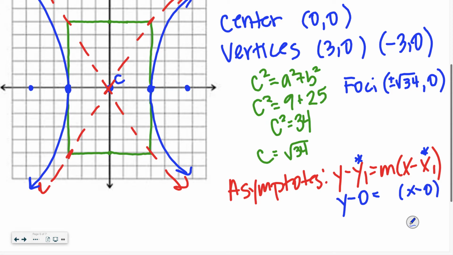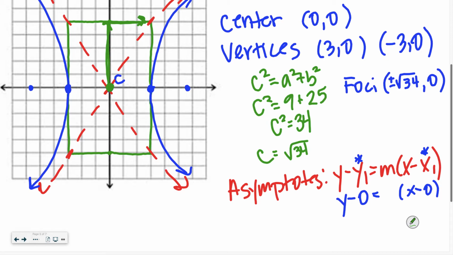And then our slope, we can use this picture. Okay. If we look at our center right here and we count up and then over, we are going to go up 5 and over 3.